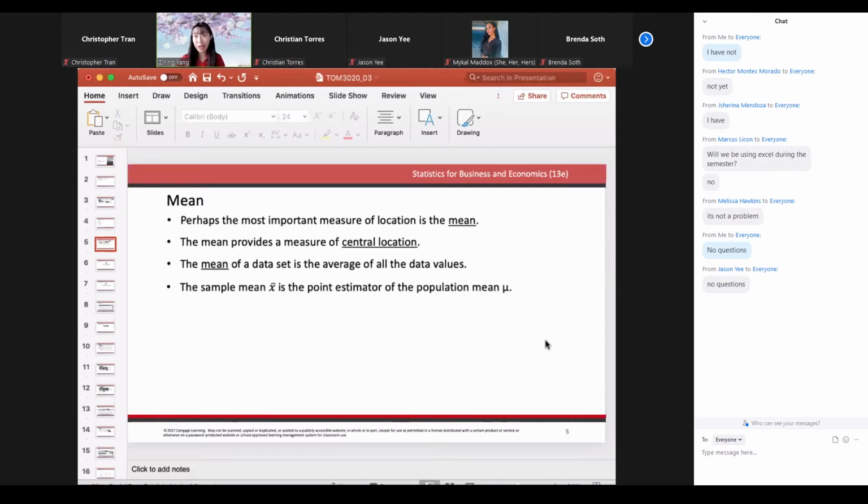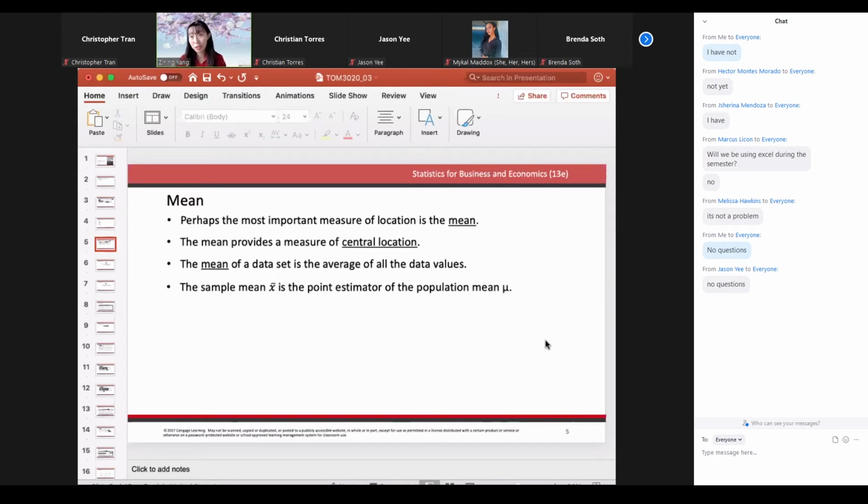Basically, I'm asking how far on average you live away from campus. And what's the mean of your driving distance? How many miles do you drive on average? So it is a concept that we actually use on a regular basis. But in plain English, we just keep saying the average, while in statistics, we use the word the mean.